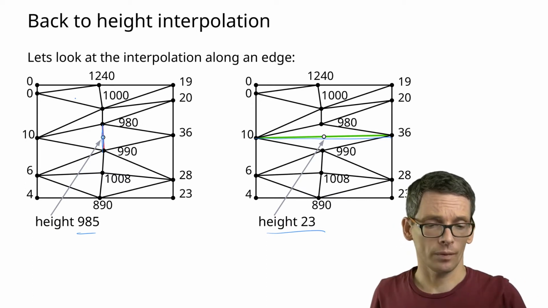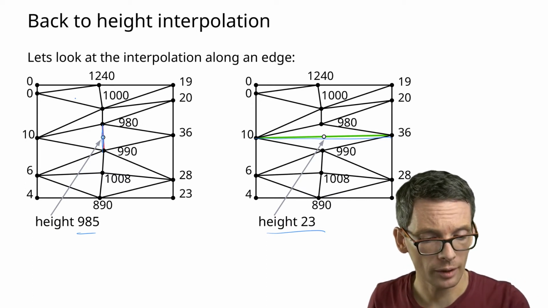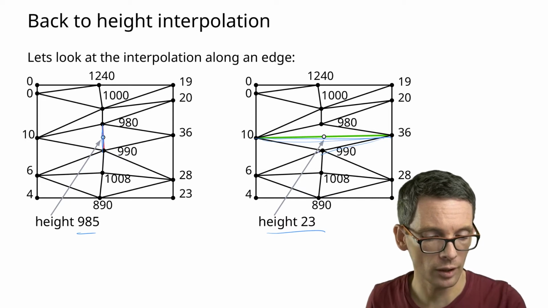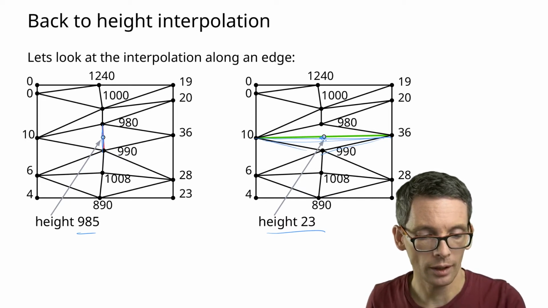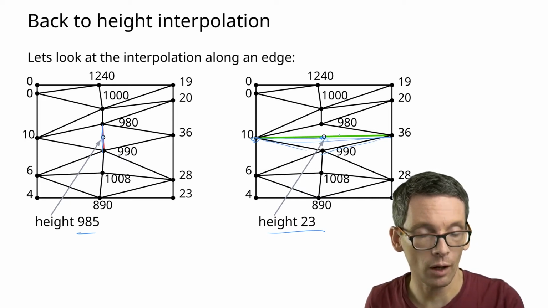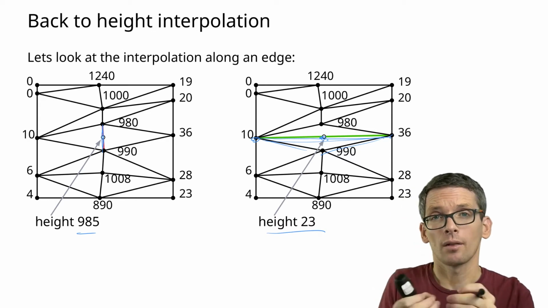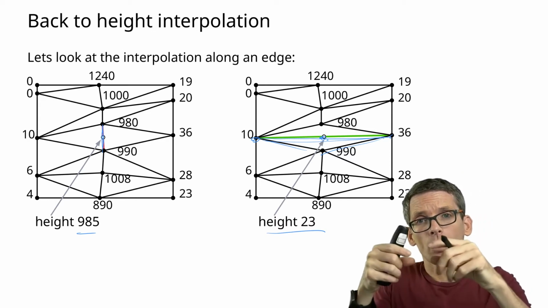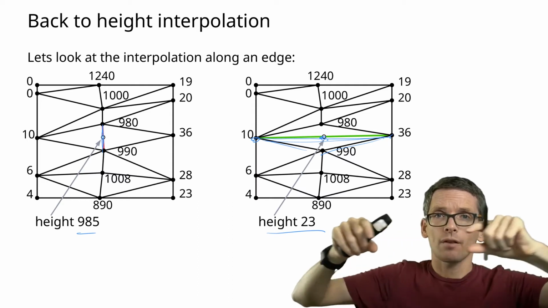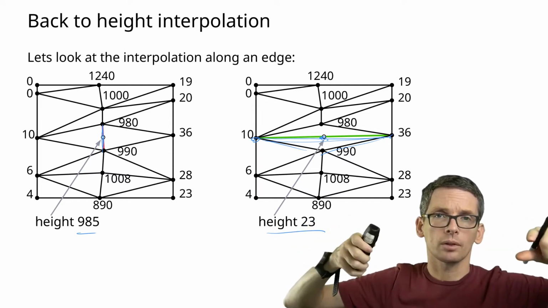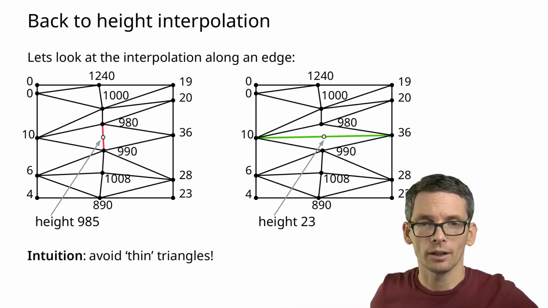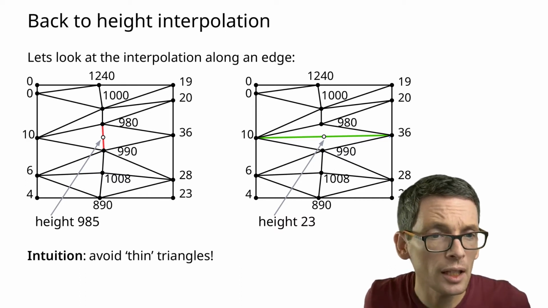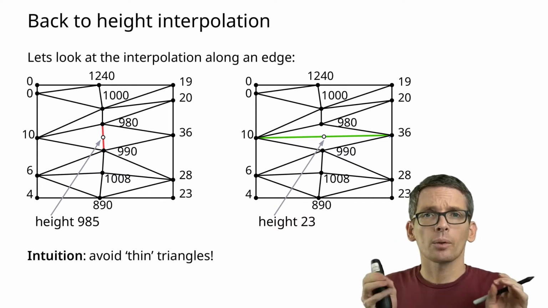And what we don't like about this specific triangulation is that this point gets values from points very far away, which is of course relative, but one way of interpreting it is that we have a very long triangle. So let's say skinny triangle or thin triangle. So we would like to avoid those.